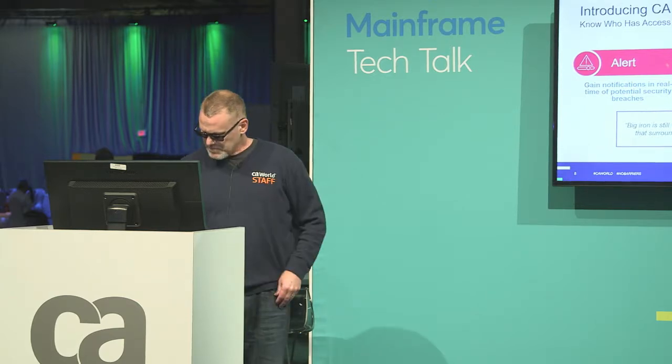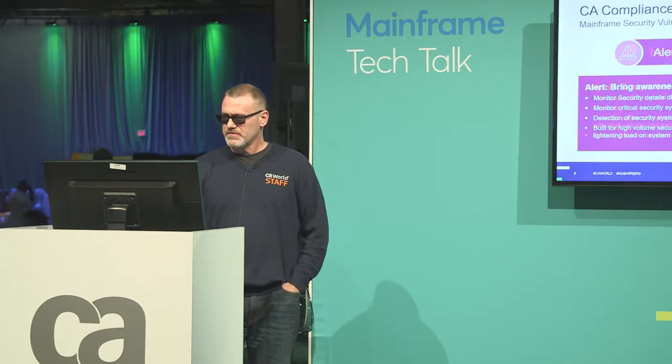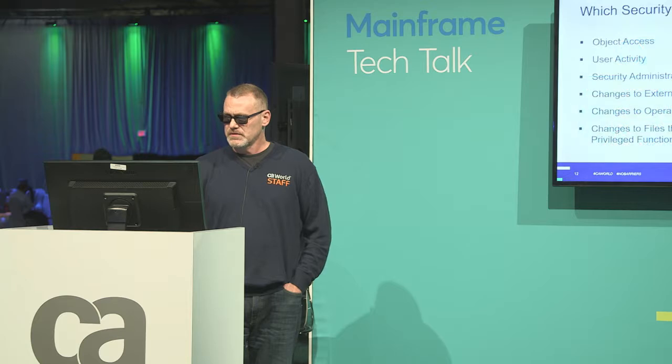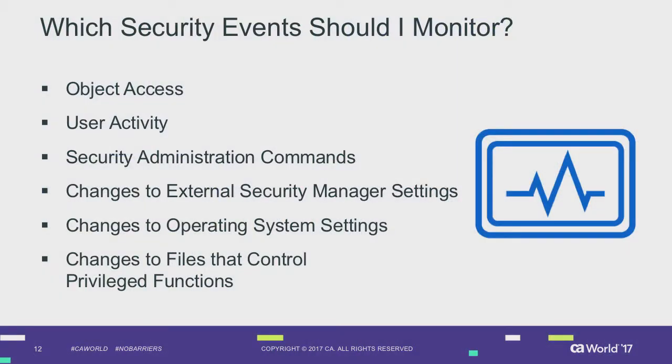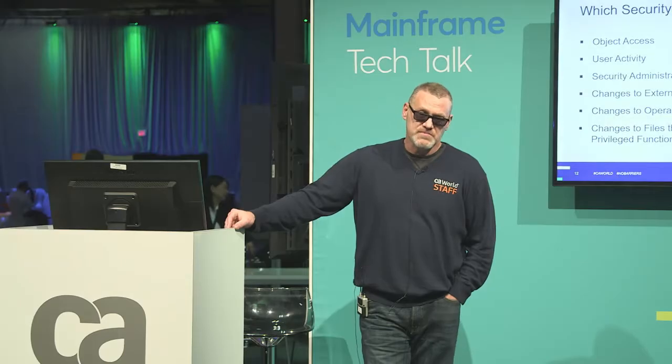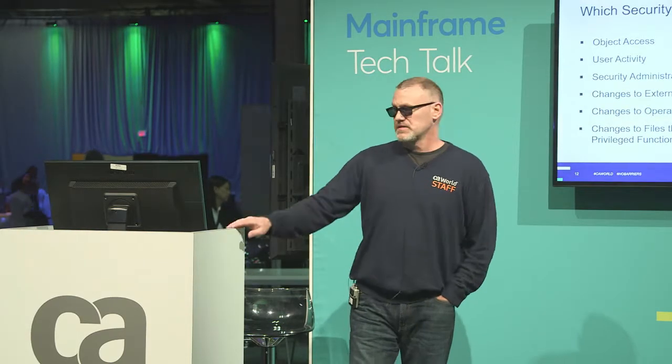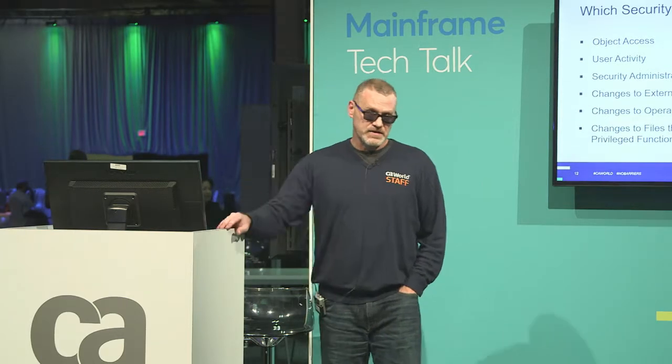So, given time remaining, I'm going to jump ahead of this high-level intro set of slides and look at it from this perspective. What are all the security events that I should be monitoring? Object access, including object access that's not audited, where someone may have bypassed security. Object access attempts, violations, user activity.